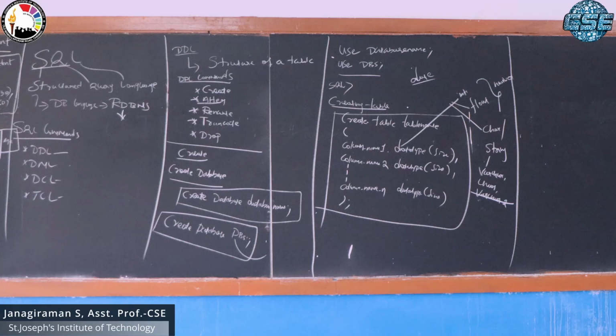Probably I can use this particular syntax: alter table. What is the table name? Student. So you are going to add a column. So specify the keyword add. What is the column name that you are going to add? Age.